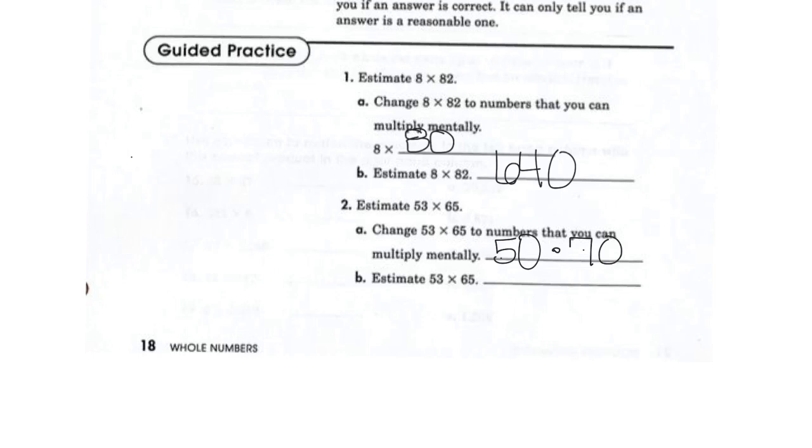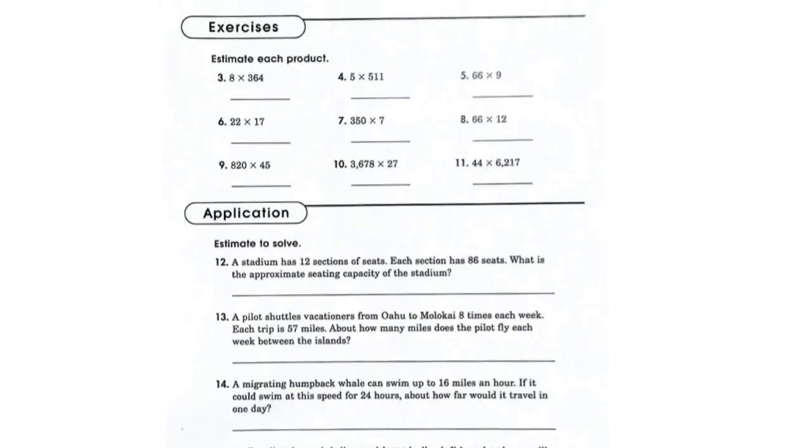I know that 5 times 7 is 35, and then I have to add 2 zeros. So 50 times 70 is about 3,500. Make sure you get this information copied down. You can pause the video before going on to the next page.